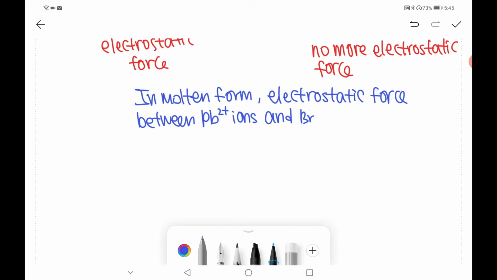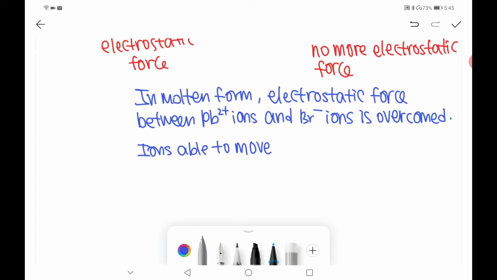So the electrostatic force between the ions is overcome, so no more electrostatic force already.